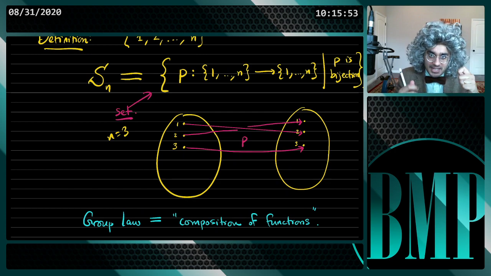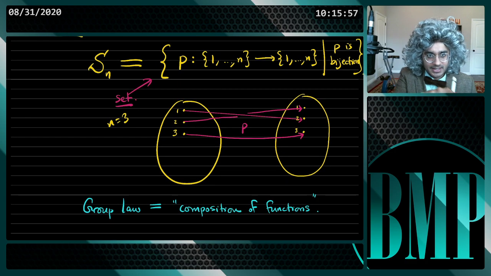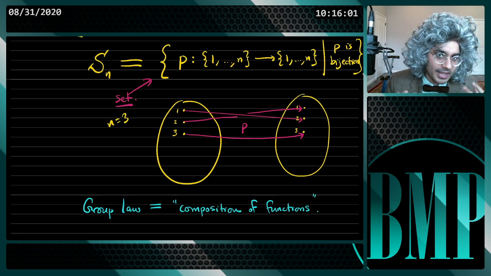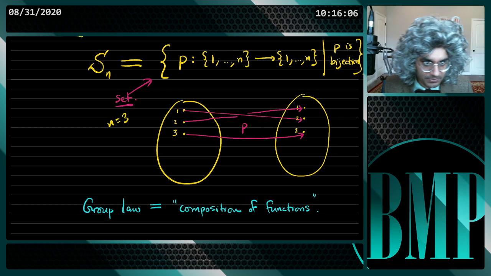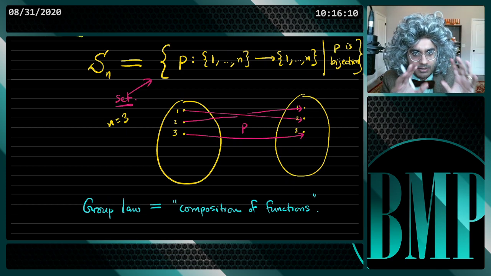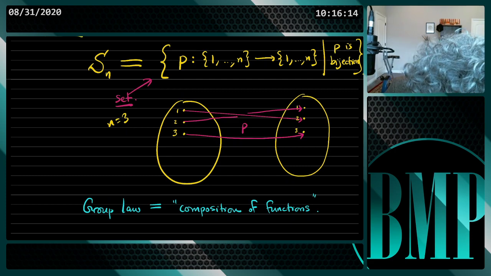You think of the function as a scrambling of the set. If you can see the scramble with these arrows, that's why it's a permutation. That's what we mean. You have the right intuition. This permutation swaps 1 and 2 and keeps 3 untouched.